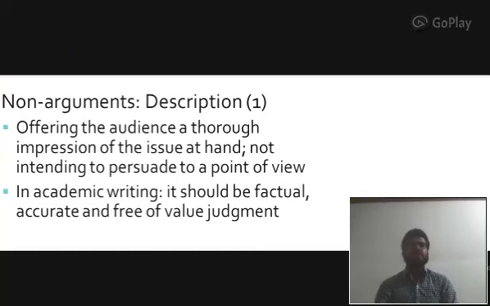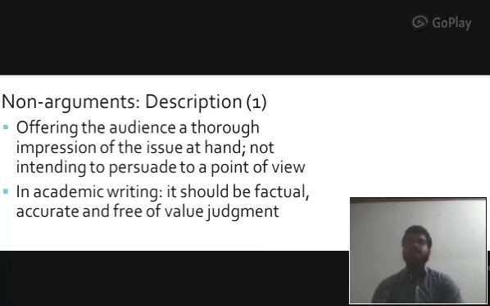Now here there are three things which are most of the time confused with an argument. Whenever the supervisor or the teacher asks the students to bring an argument, what he receives in return is rather something that is non-argument.